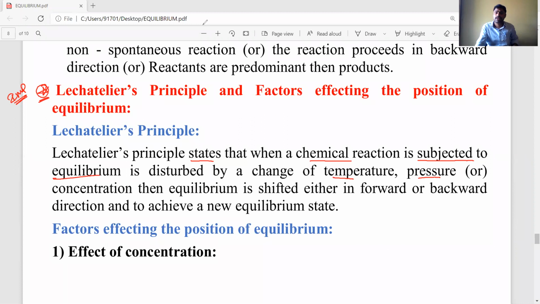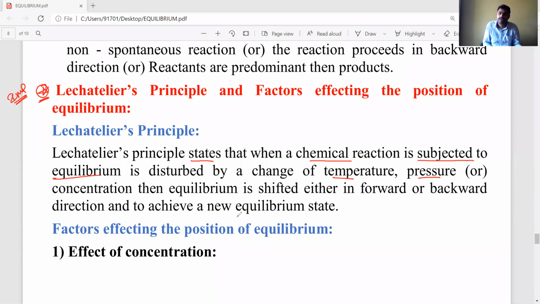Okay, students, now listen carefully. Once again, the Le Chatelier principle states that when a chemical reaction at equilibrium is disturbed by changing the temperature, pressure or concentration, the equilibrium shifts either in the forward direction or in the backward direction, to achieve a new equilibrium state.